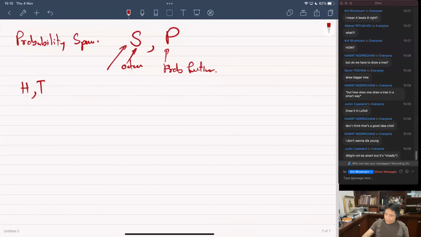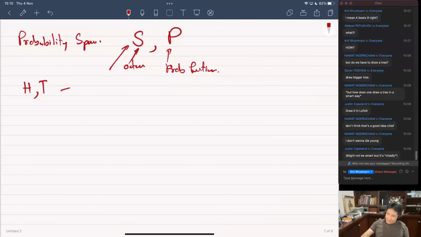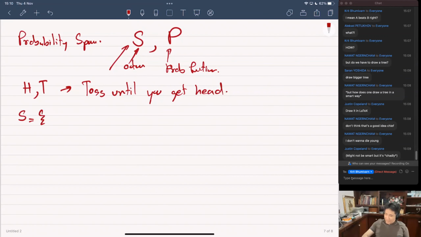Then the game says toss until you get a head. So far so good. If you think about your sample space, you may get head on the first try, or you may get tail, then head.